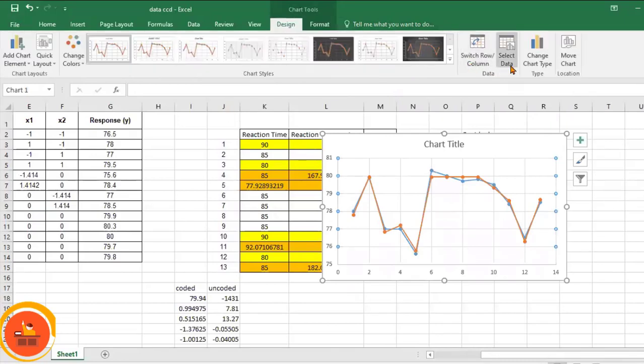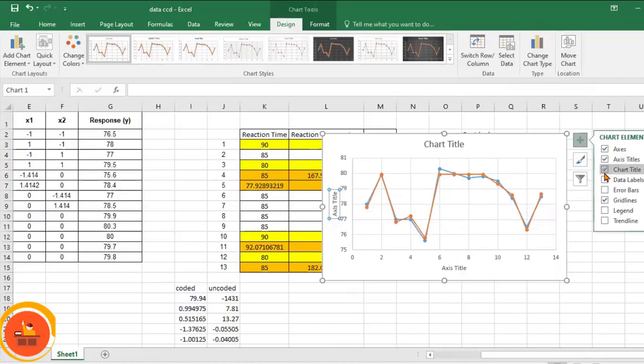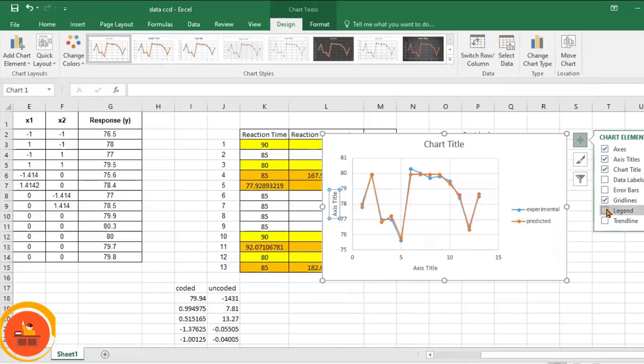Okay, in the design, I think chart filters, add chart elements. Yeah, this one, add the titles, data labels, whatever the values if we require, legend, and the trend lines.